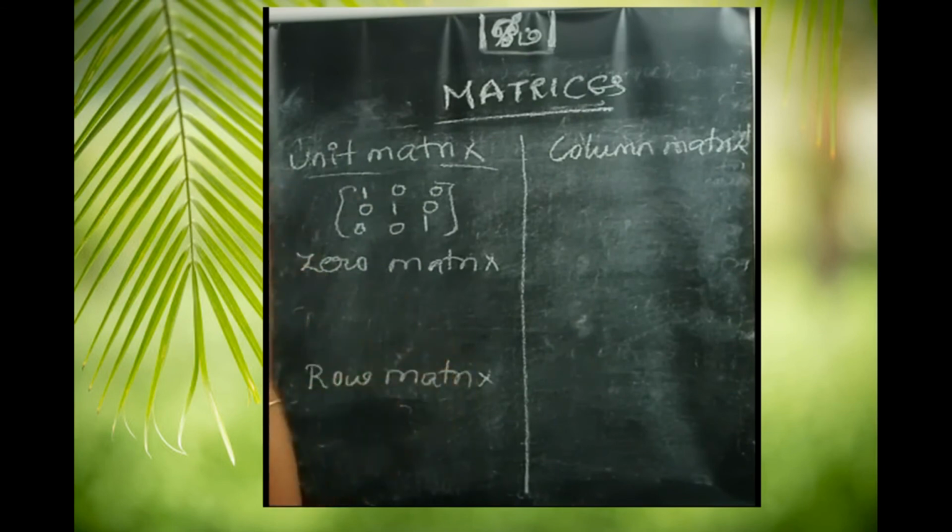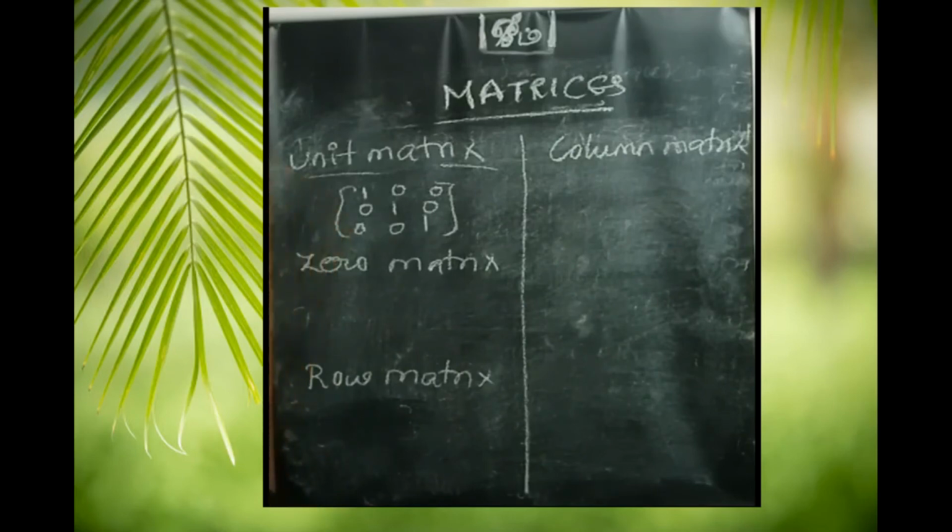If it is not 1, if any number is equal, if it is 2 or 3, whatever number, then it will be scalar. If whatever numbers are placed in these 3 positions, that means diagonal matrix. Don't confuse between diagonal, scalar and unit matrix.